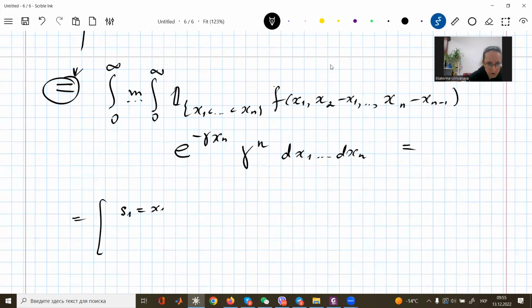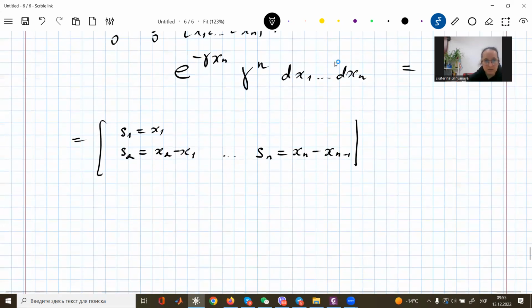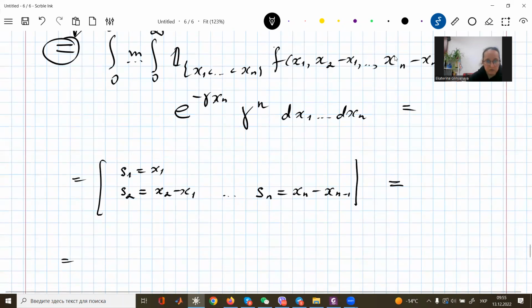s1 will be x1, s2 is equal to x2 minus x1, and so on. sn is equal to xn minus xn minus 1. So this means that if we change the variable, we will see how we can write down xn here. xn will be just this sum of all this s1, s2, and so on.